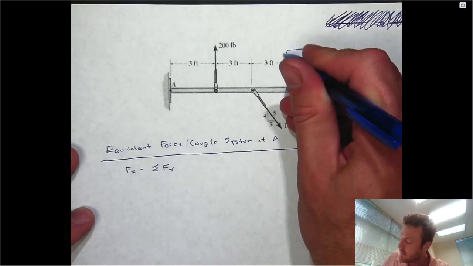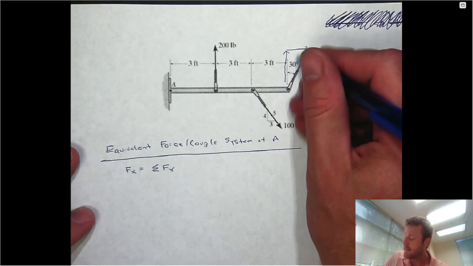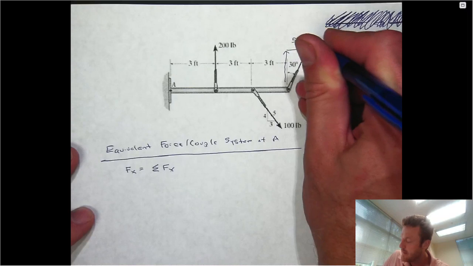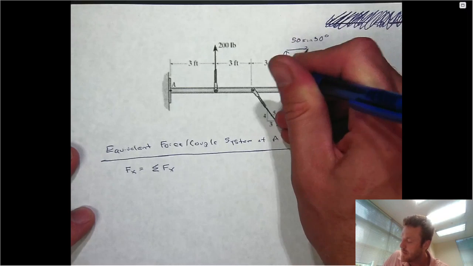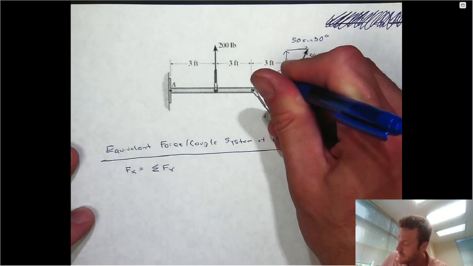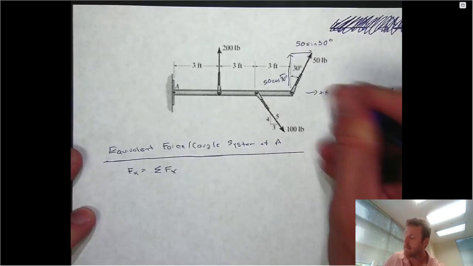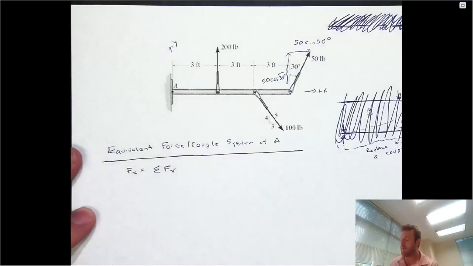I'm not going to show a lot of detail here due to time, but that's opposite the 30-degree angle, so this is going to be 50 sin 30, and this is going to be 50 cos 30, and those are both in the positive x and y direction by our usual convention.